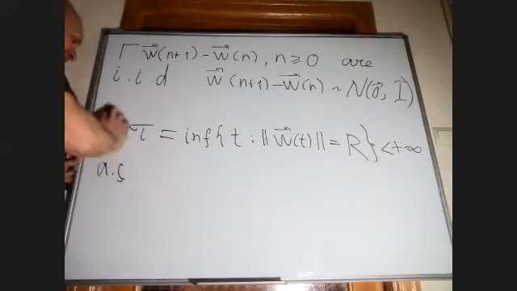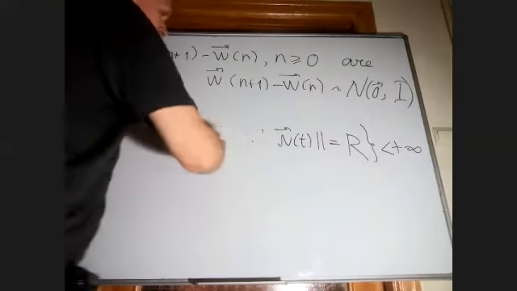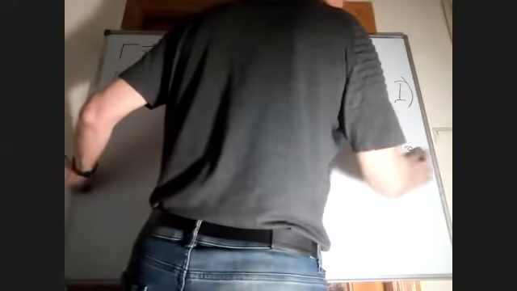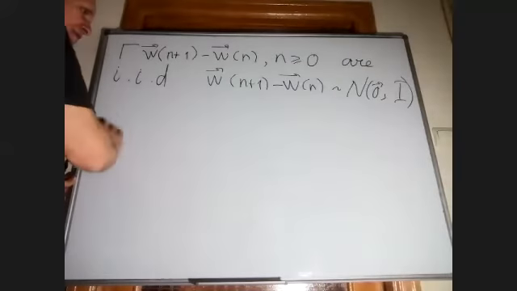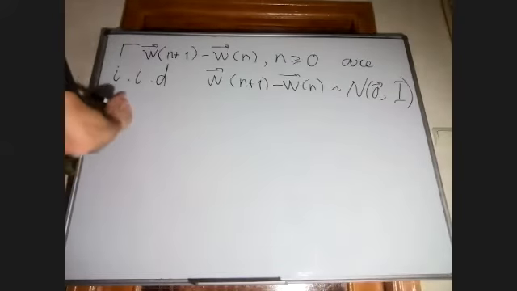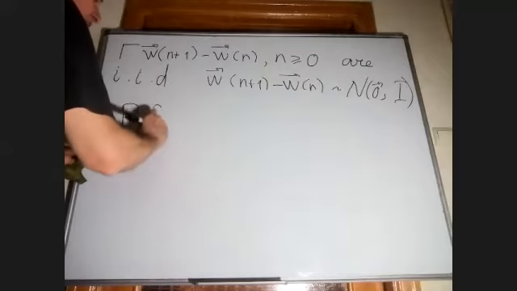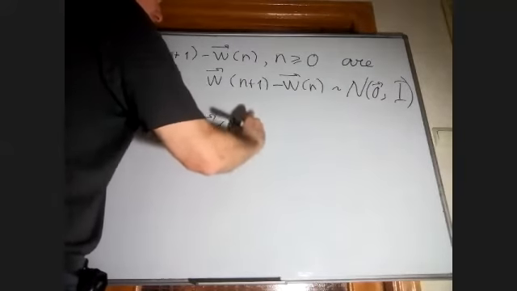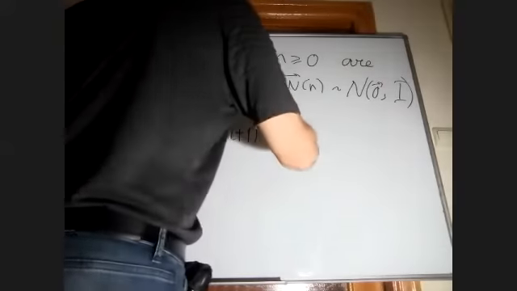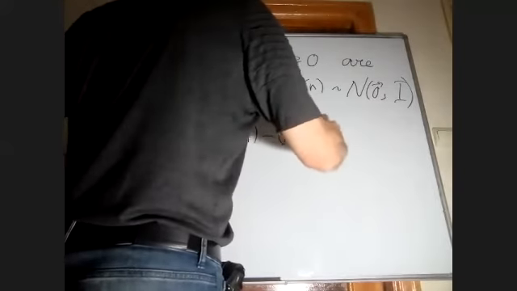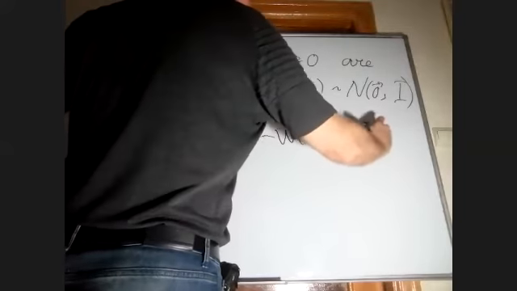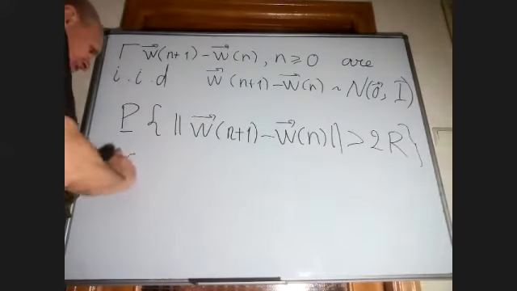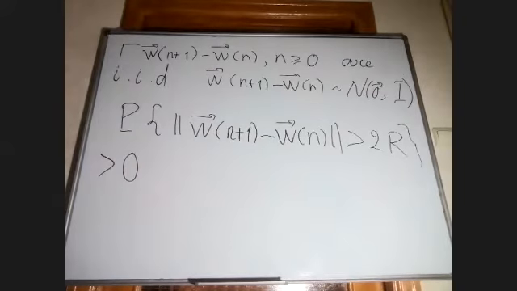Due to this, it holds that the probability that the norm of our vector is greater than 2r is a positive constant.